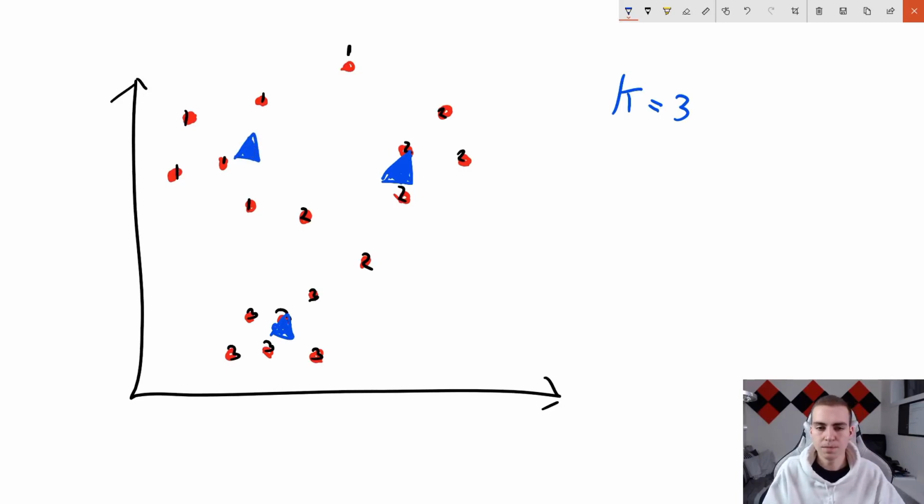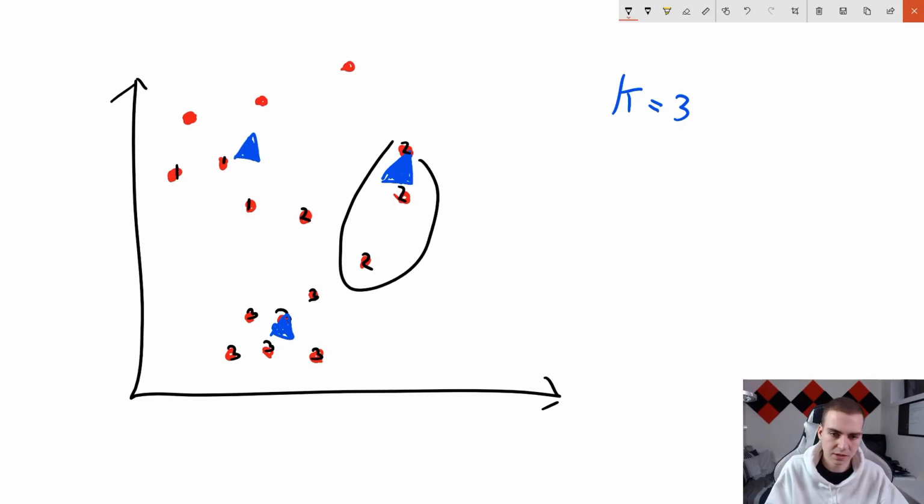Now what I do is I repeat the process that I just did, and I reassign all of the points to the closest centroid. So all these points that are labeled 1, 2, all of that, we can remove their labels. I shouldn't have written them on top, but essentially we're just reassigning them. So I'm going to say, okay, this is 2, and we do the same thing as before, find the closest distance.